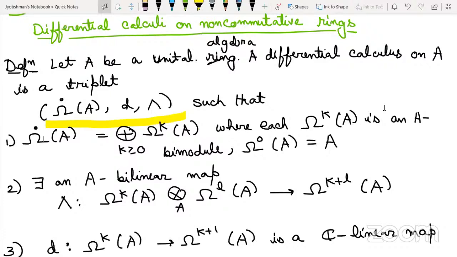If you fix a two-cocycle on the dual of that group, then you can deform the algebra C(M) into a non-commutative algebra.